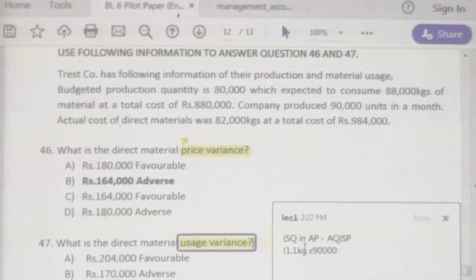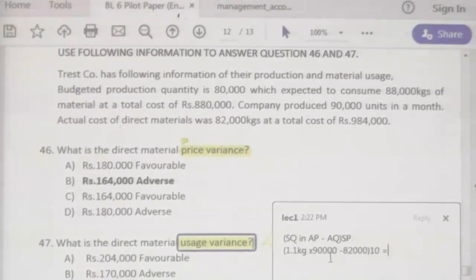The standard quantity in actual production minus the actual quantity of 82,000, multiplied by the standard price of 10.